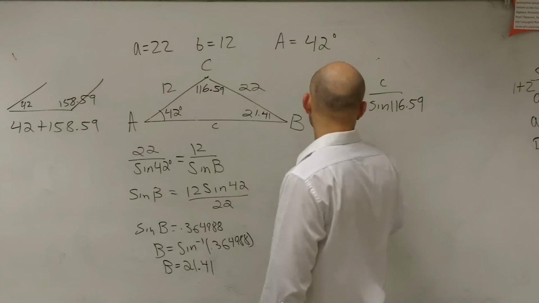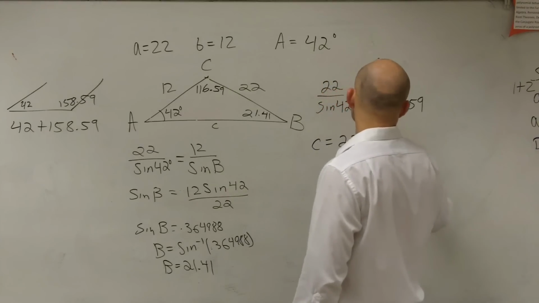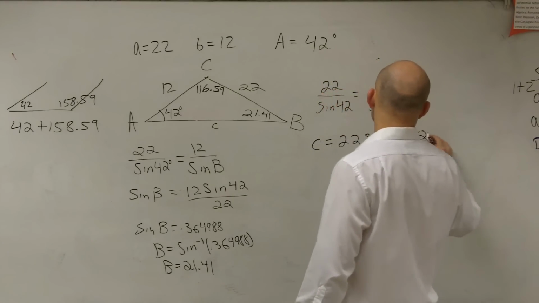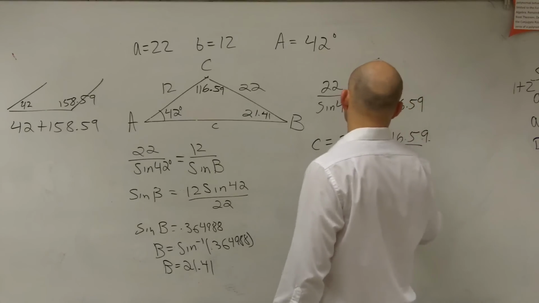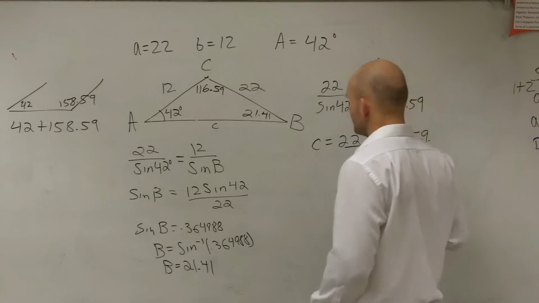So we could say C equals 22 times sine of 116.59, divided by the sine of 42 degrees.